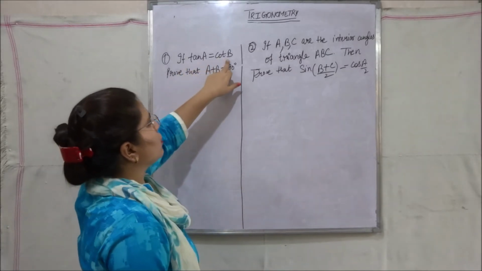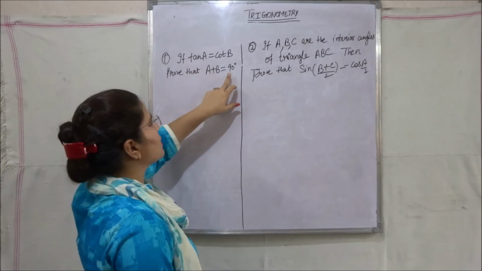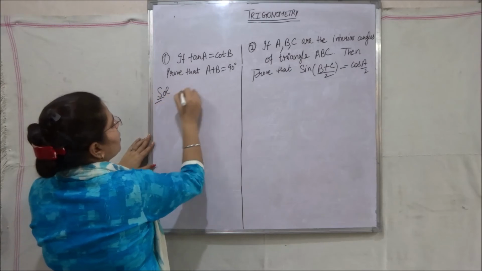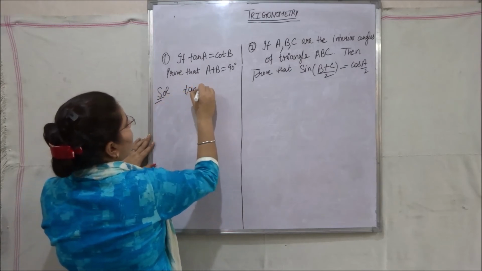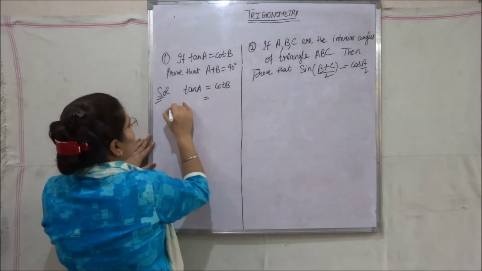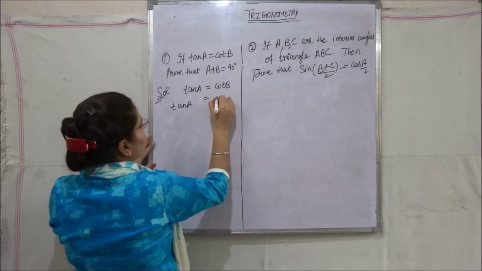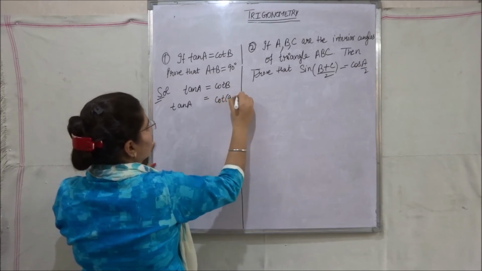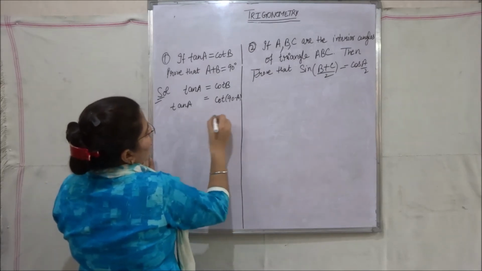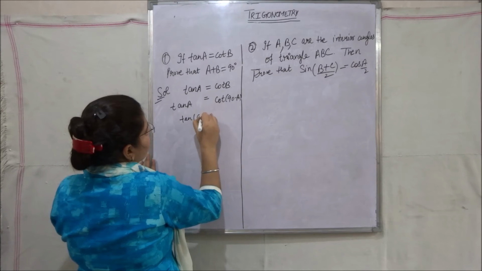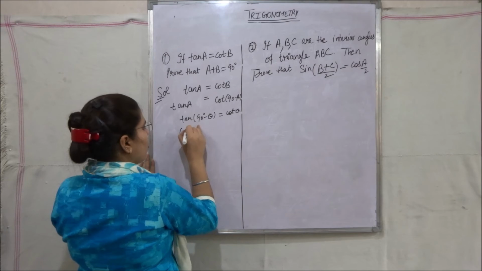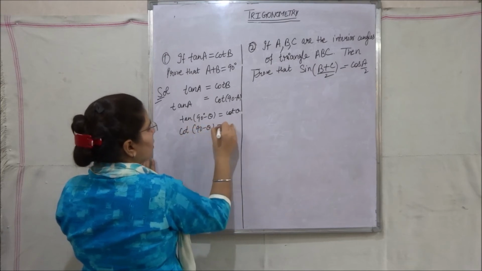If tan A equals cot B, then prove that A plus B equals 90 degree. We are given that tan A equals cot B. Now tan A can be written as cot of 90 minus A, because in complementary ratios tan of 90 minus theta equals cot theta, and in a similar way cot of 90 minus theta is tan theta.